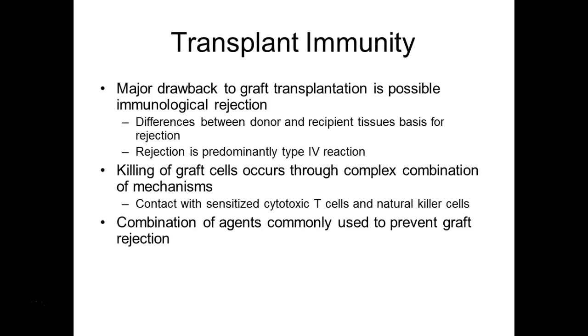It was a major problem when they were trying to figure out compatibility of organs. And then come to find out, the reasoning behind that is because that's what the T cells are communicating with, those molecules. So a combination of agents are commonly used to prevent that rejection.